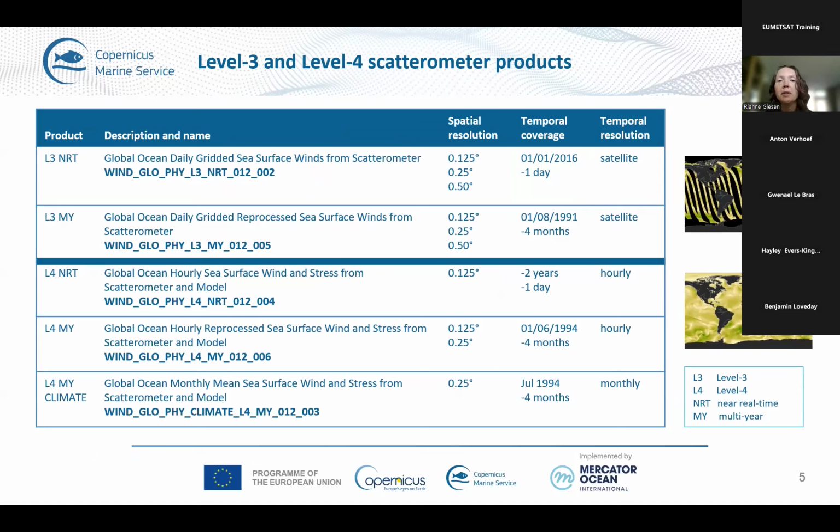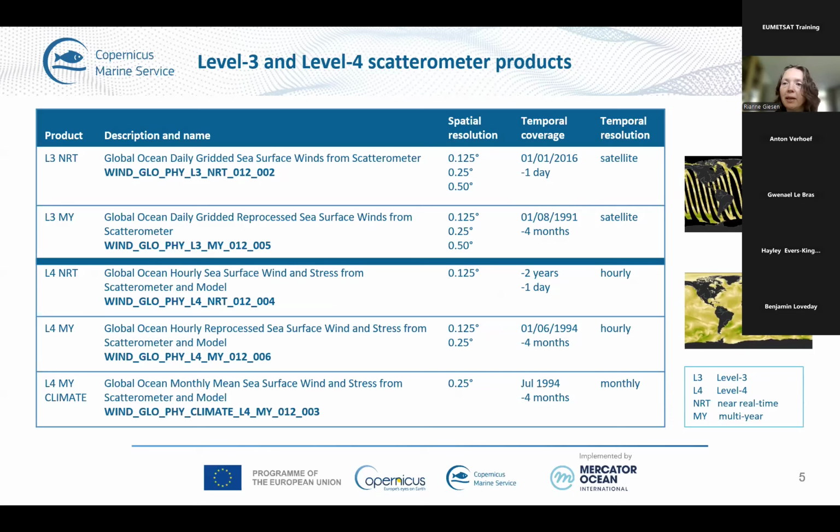So what these products provide is these are daily products where all the swaths over one day are combined into one product, and we still separate the ascending and descending swaths, so we prevent overlap between the swaths. Still, at the high latitudes, we have a little bit of overlap, even for the ascending swaths separately.